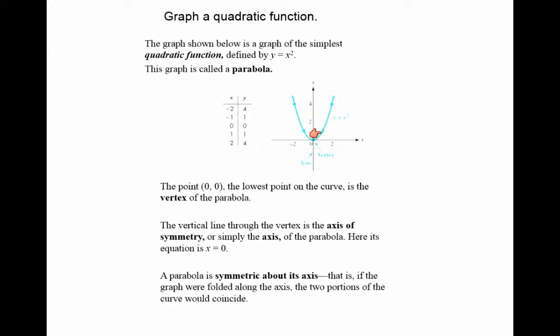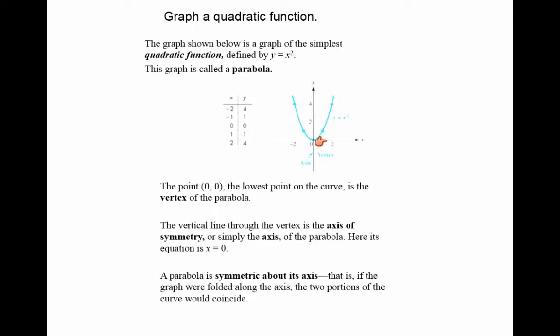My parabola is shaped like this, and passes through these points that I just found and the origin. The lowest point of this graph is right here. This is called the vertex. The point (0, 0), the lowest point on the curve, is called the vertex of the parabola.